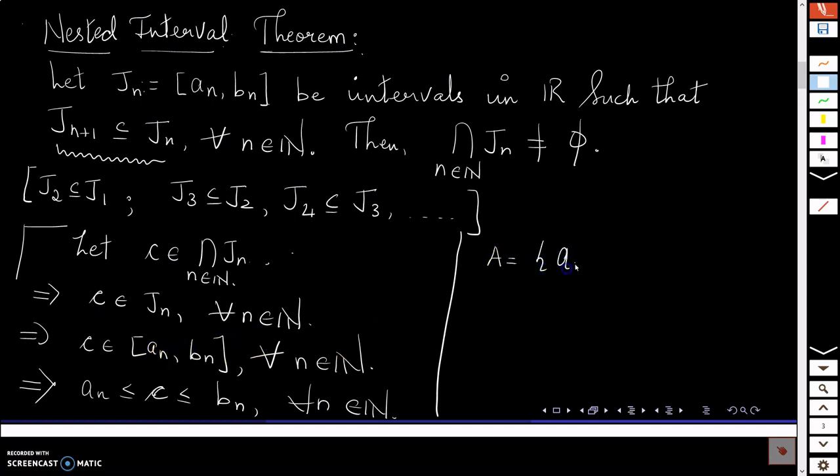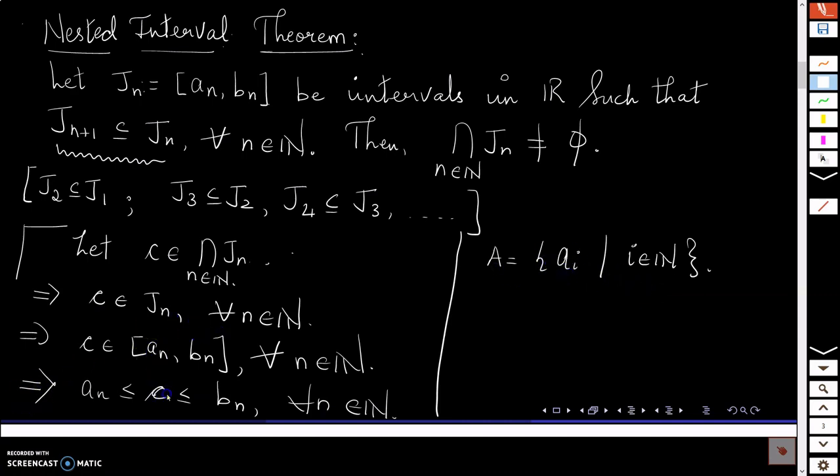So all ai's, say I'm collecting, where i is a natural number. Right? So these are all the first points, the left hand points of the intervals Jn. So all those points ai's I've collected. You can also say this as an, where n is a natural number. Same thing it is. All right. So this i is just a notation.